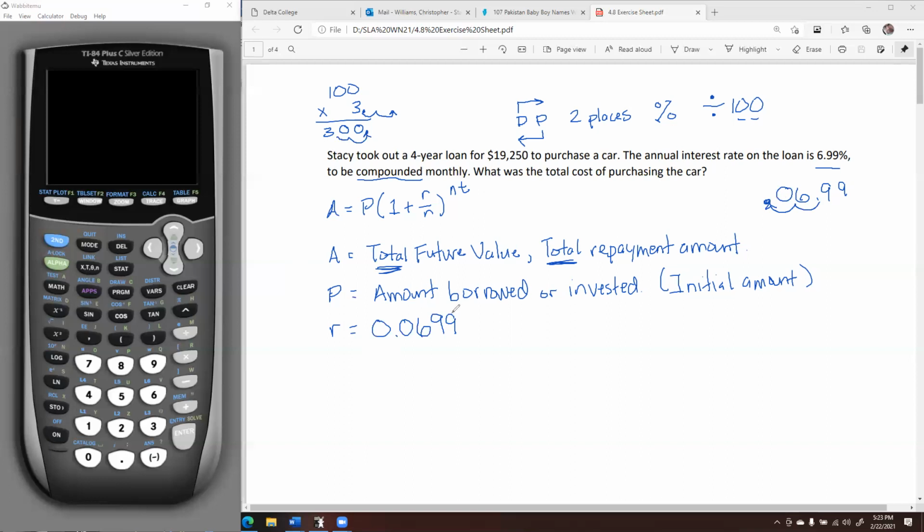0.0699. Now, I want to talk just for a second about this leading 0. Now, mathematically speaking, it's not necessary. You could enter this as simply .0699, and that would be legal.